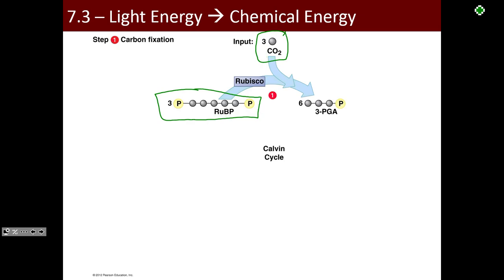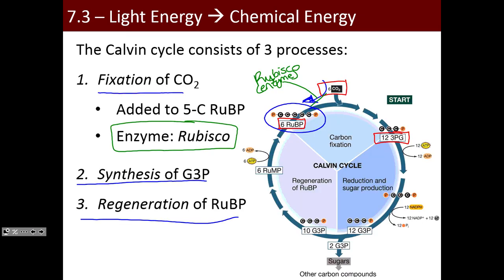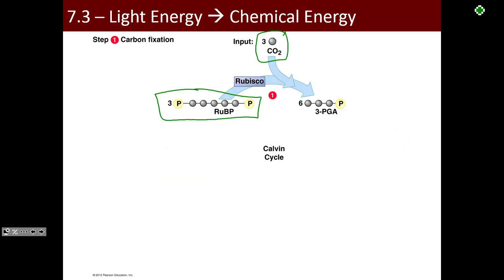The discrepancy has to do with our output. The 6 is enough to make 1 glucose. So if we're doing net per glucose, we need 2 Calvin cycles. For each individual Calvin cycle, we start with 3 RUBPs, and we add 3 carbon dioxides, and we make 6 of our next intermediate PGA in order to proceed forward.